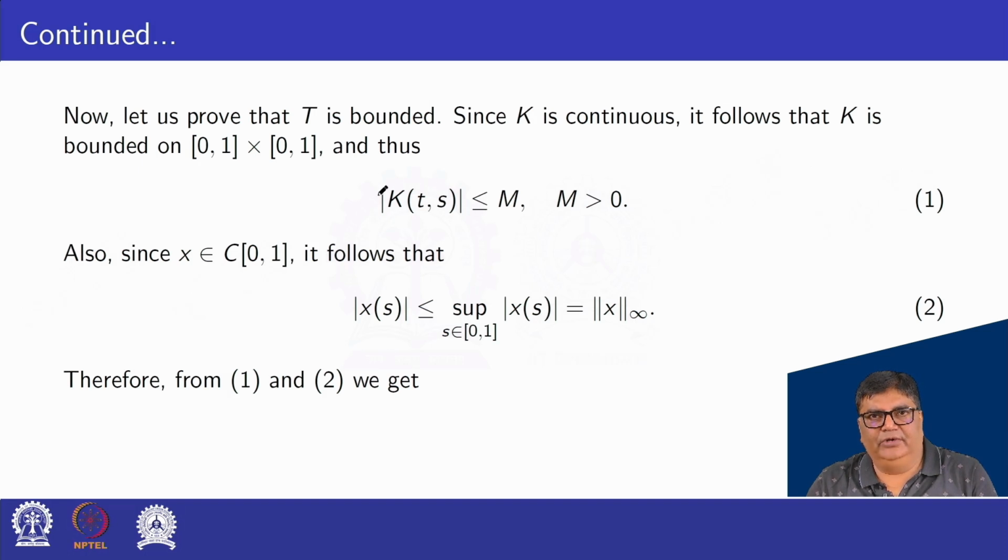Suppose it is bounded by a positive number M. Also, since x belonging to C[0,1], it follows that the supremum of mod x(s) for s belonging to the closed interval [0,1] is the infinity norm of x.